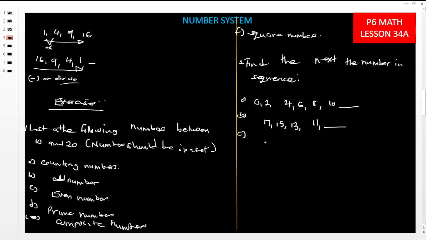Then C, 1, 2, 4, 7, 11, dash. D, 2, 4, 7, 12, 19, dash. E, we have 21, 18, 14, 9.